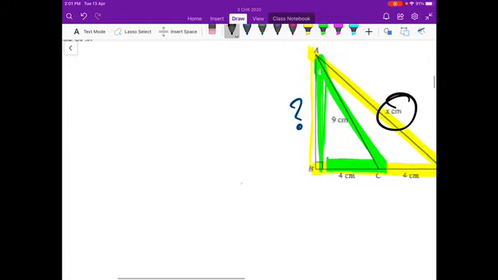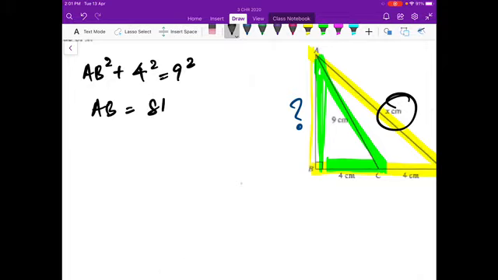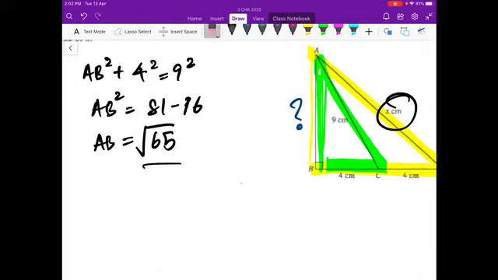Using ABC, AB square plus 4 square equals 9 square. Eh, 9 square minus 4 square, not 25. Then AB is square root 65. So that's what? 16.